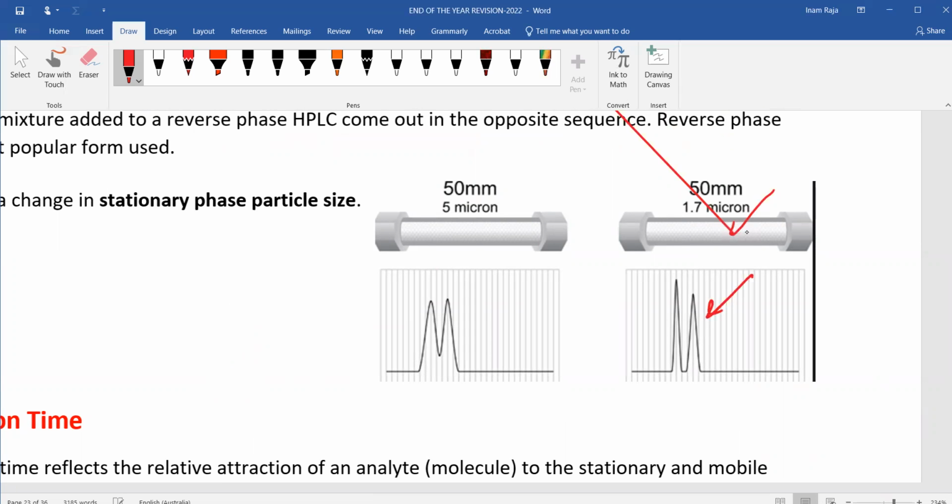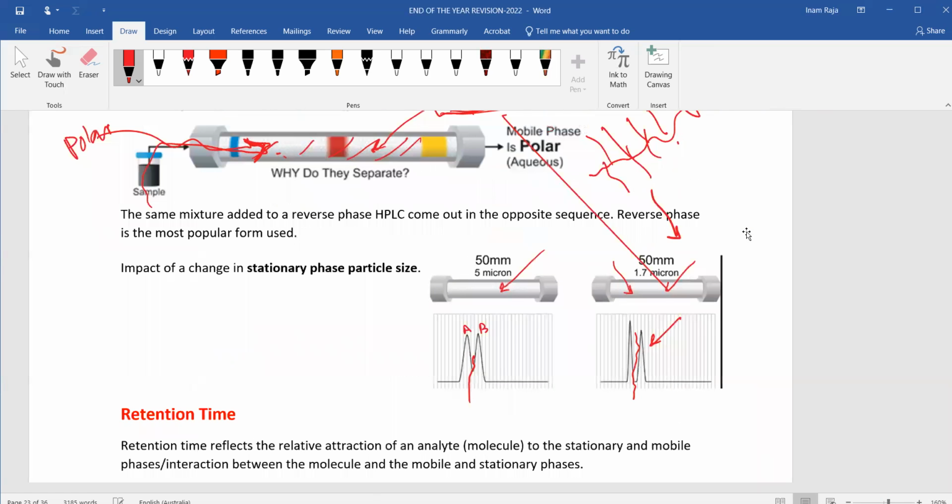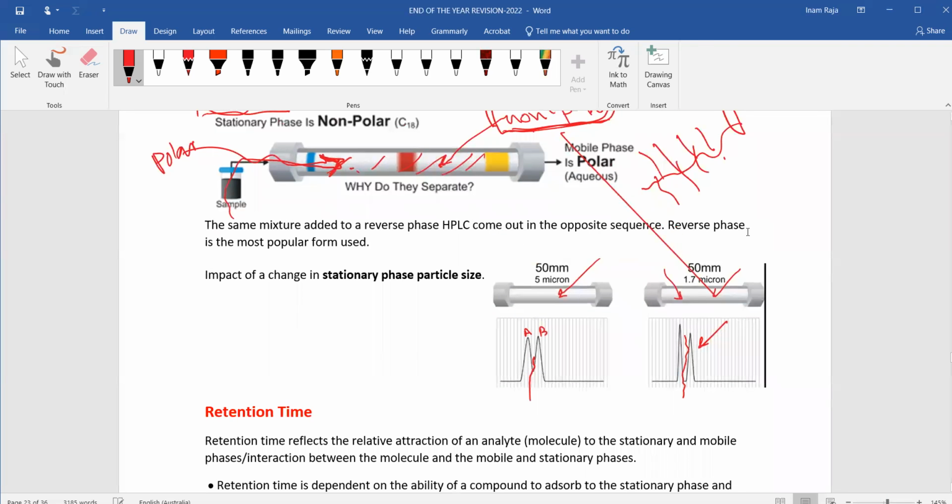Resolution means you can collect the two compounds easily because they are separated. Here they are not separated. At this point you will collect partly A and partly B. Why? Because this column particle size is 5 microns, slightly bigger, and this is 1 micron, smaller. So columns are really important in HPLC.